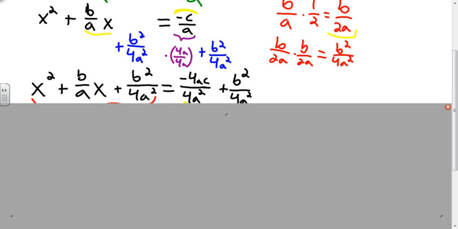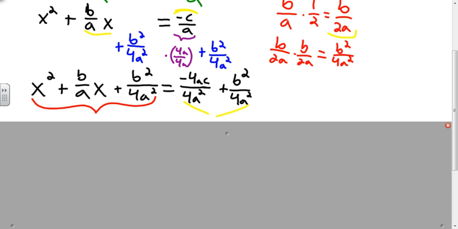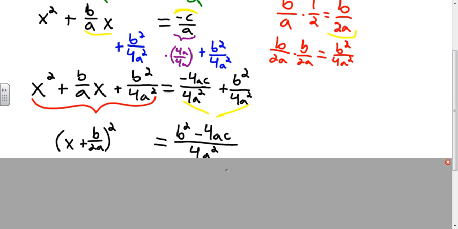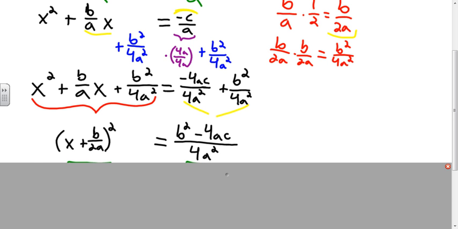From here, we combine our terms on the right side, because they have the same denominator, and the terms on the left side become a perfect squared binomial. So it becomes x plus b over 2a squared equals b squared minus 4ac over 4a squared. Notice how b squared minus 4ac, that's our discriminant.